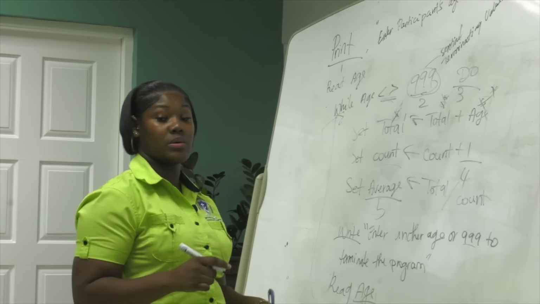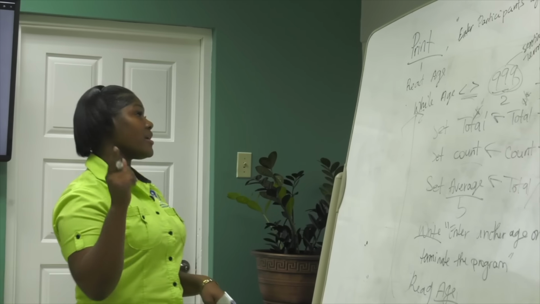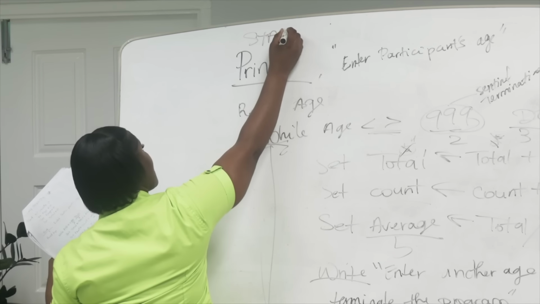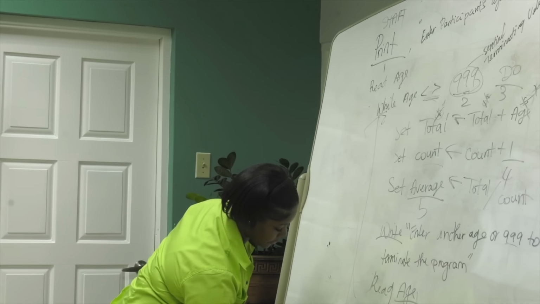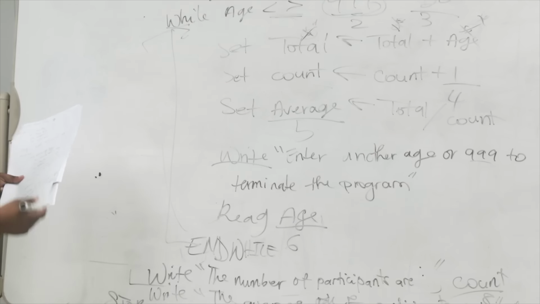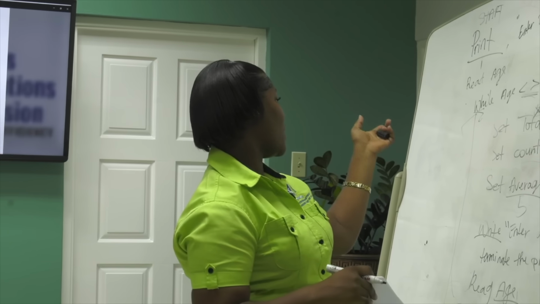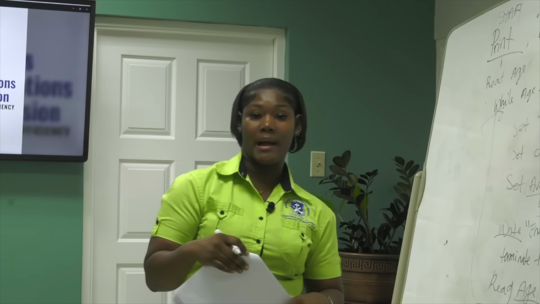But our pseudocode is not finished. Remember, every pseudocode has a start and a stop. And that would basically be how you would complete your while loop pseudocode to fill in the blanks.